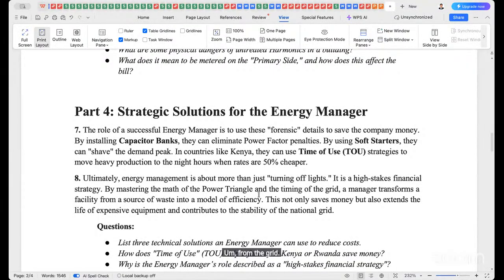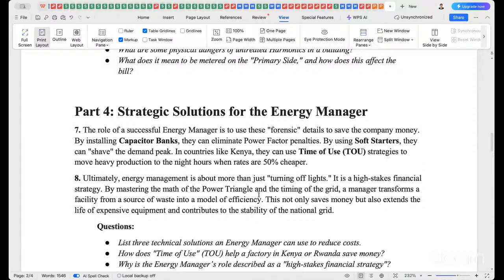Of course, the facility demand is, let's say, 300 kilowatts. This facility has induction motors, compressors, and heavy equipment that are running.